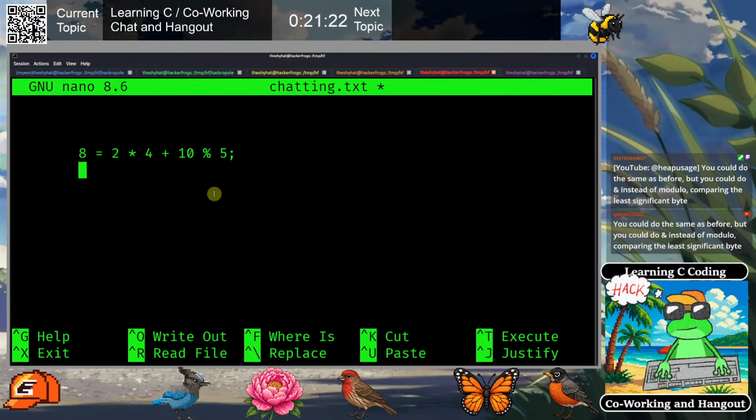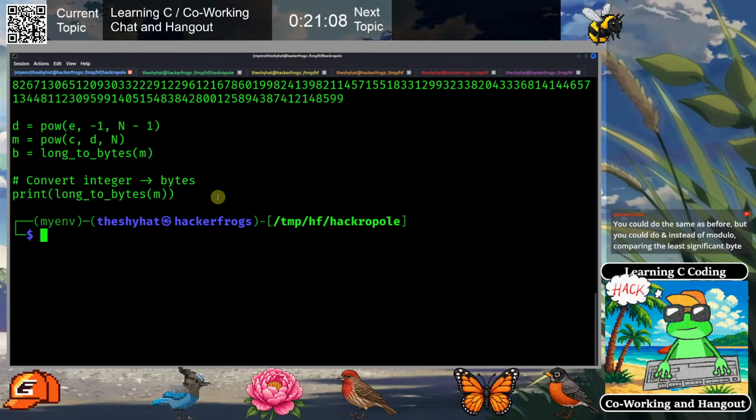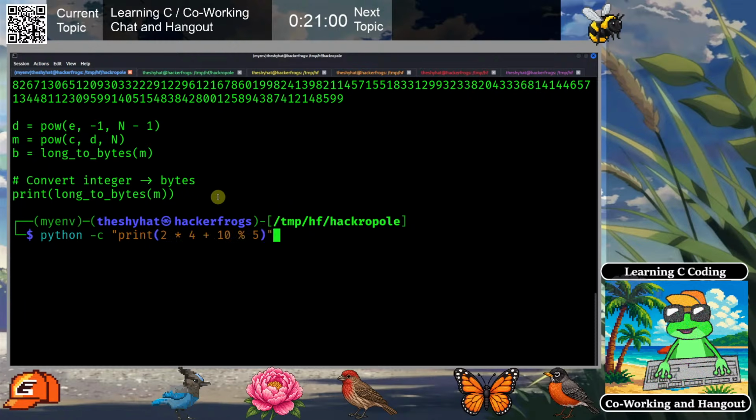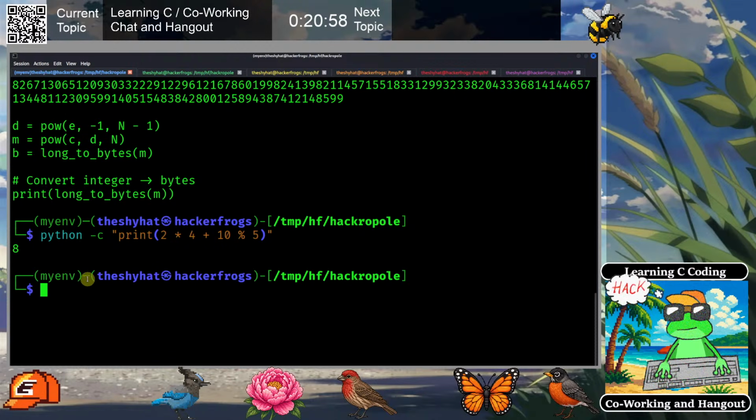I mean, they haven't taught us that operator yet. Do you mean addition instead of modulo, or something else? So if we run this through Python, then we get 8.